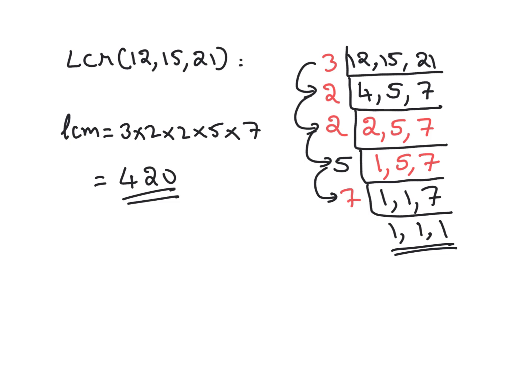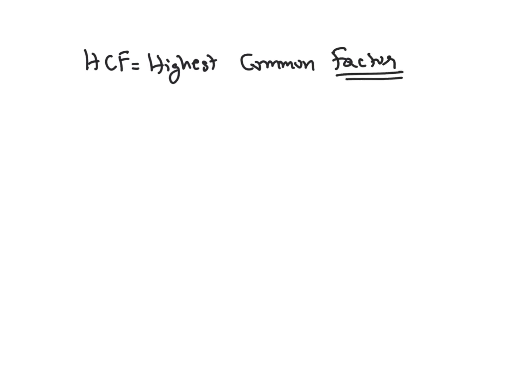Great. Now let's move on to finding the HCF of 2 numbers. Okay, what do we mean by HCF? It means highest common factor. Okay, what do we mean by factors?